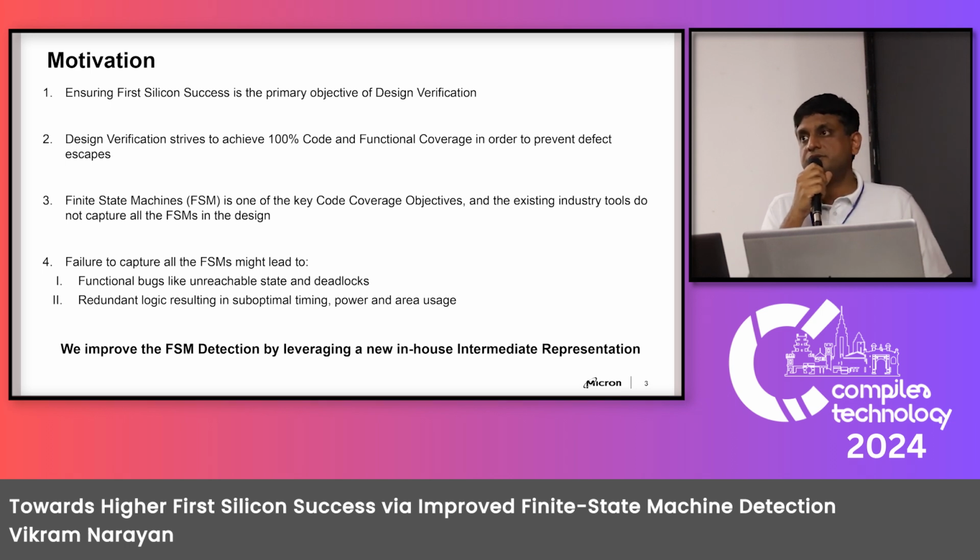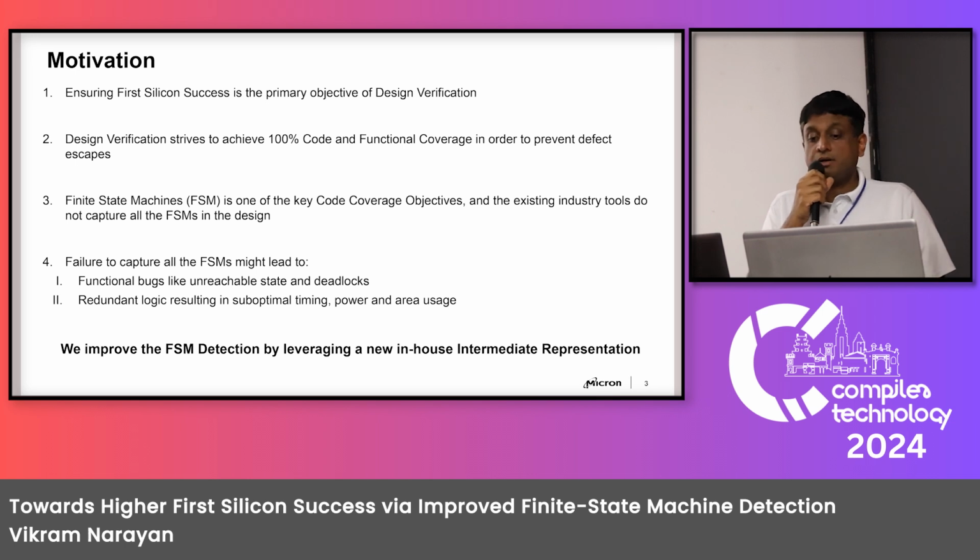That makes sure the device is not misbehaving and is doing what it is supposed to do. And FSM identification is one of the key coverage objectives. The baseline industry tools that we use sometimes do not capture all the different FSM implementations.